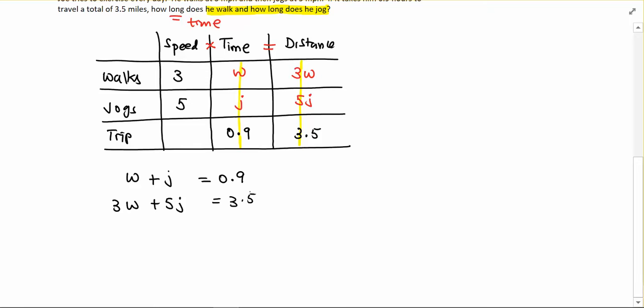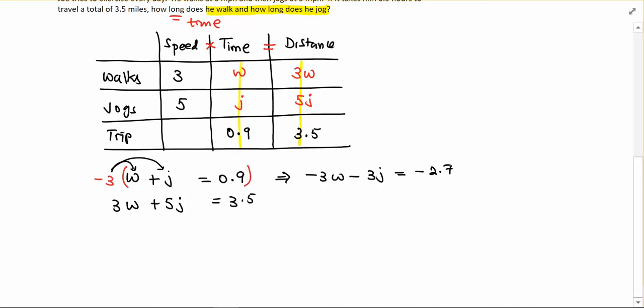Now if we solve this, we get our times. Again, I'm going to use the addition method. I'm going to multiply the first equation by negative 3, which gives negative 3W minus 3J equals negative 2.7. Let me check that.